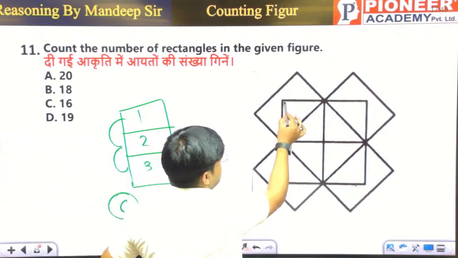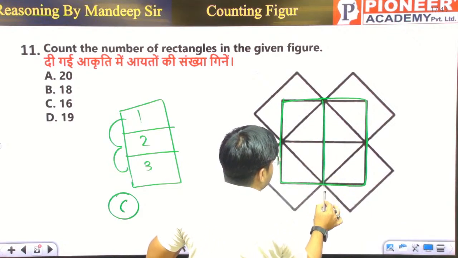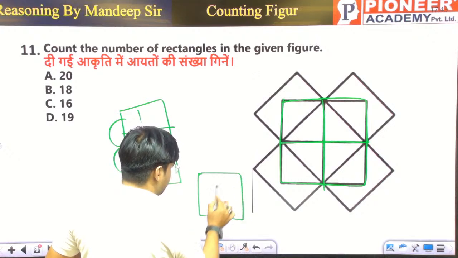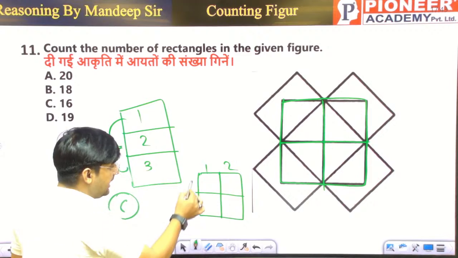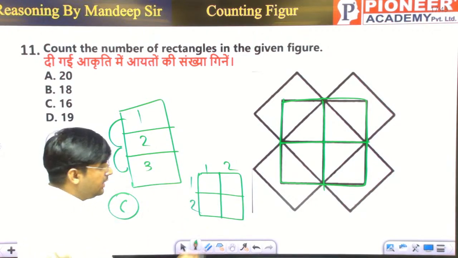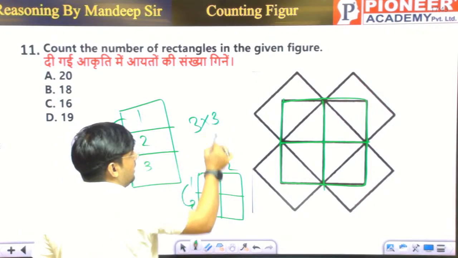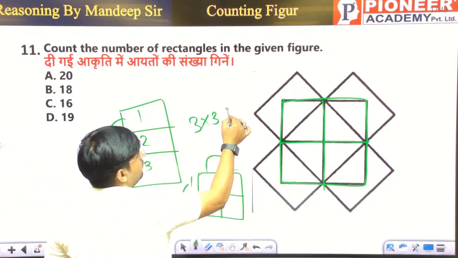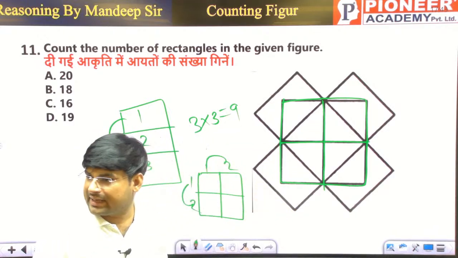And if we see, there are 2 rows and 2 columns. 2 plus 1, 3, and columns 2 plus 1, 3. And to count the rectangles, we have to do row into column, 3 into 3, 9. In this figure, we got 9 rectangles.